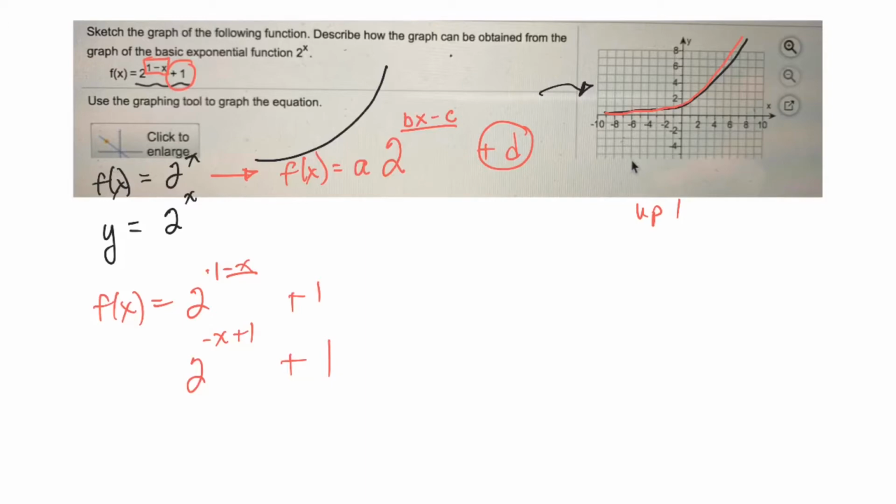Okay. Now, sometimes we write the function like this that we had there. Sometimes I've written the function like this, a times 2 to the b, and then x minus c over b, plus d. And if I have a b value, it's proper to write it this way.